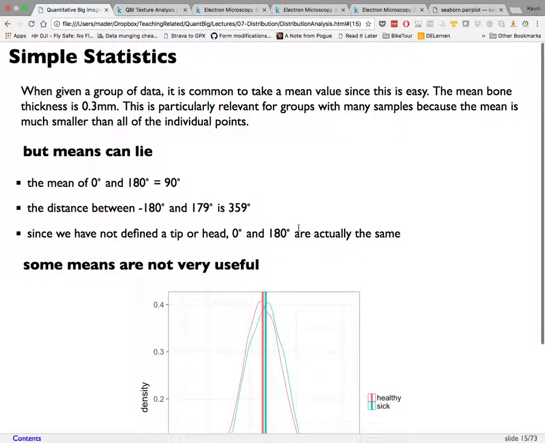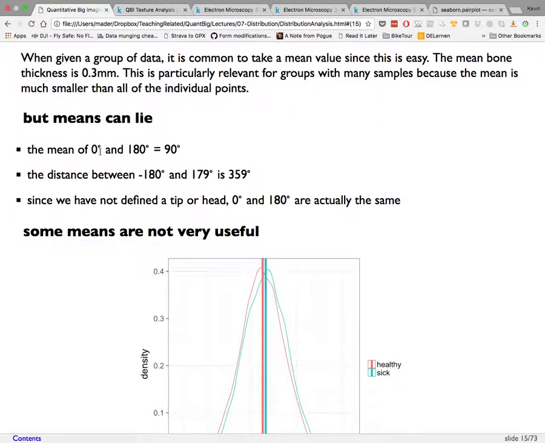So, simple statistics. If we're looking at orientation, which is what I had just mentioned before, you have the mean of 0 and 180 equal to 90, and the distance between minus 180 and 179 is 359 degrees. But in fact, we know that neither of these things are really true.